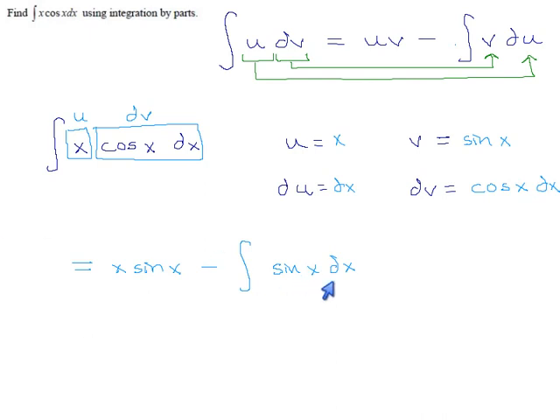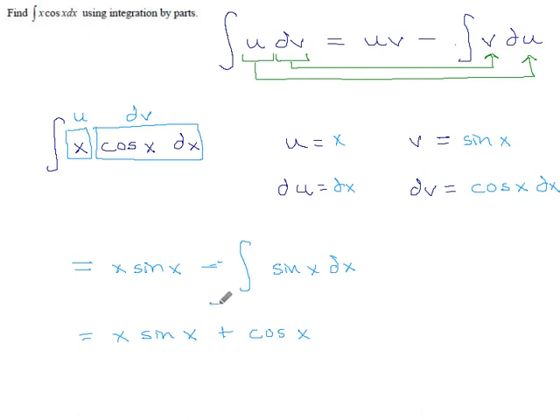Now, is this better? This is much better because before we had a polynomial function times a trig function. Now we just have the integral of a trig function. We can do that. This is just x sine x, and if you think of this as negative sine x, then its integral is just cosine x.